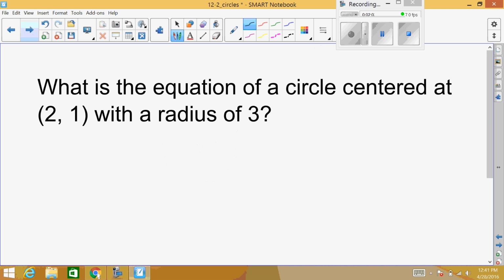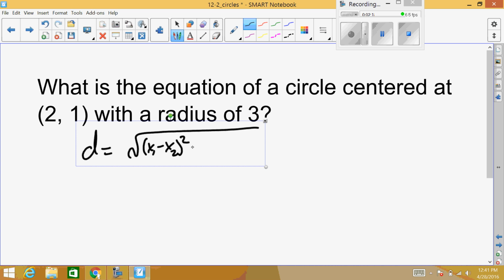Now we want to use that definition and our distance formula to find an equation for the circle centered at (2, 1) with a radius of 3. Thinking back, the distance formula was the square root of x1 minus x2, quantity squared, plus y1 minus y2, quantity squared. That gives the distance between 2 points. My center point is going to be one of those points, and my other point is going to be some point on the circle.